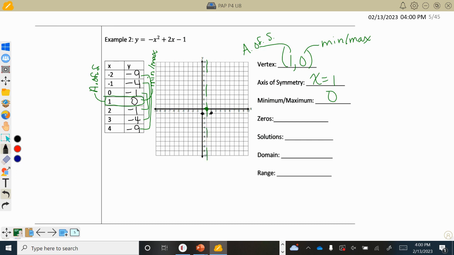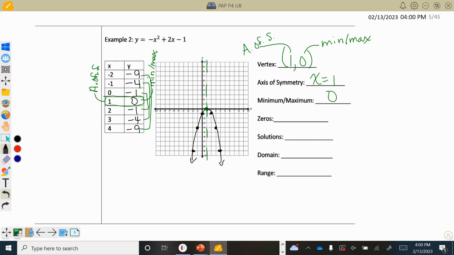And then we've got 3, negative 4. That mirrors over here at negative 1. And negative 2, negative 9. And that mirrors over here at 4, negative 9. Okay. So you notice we're making some nice pretty U shapes here.